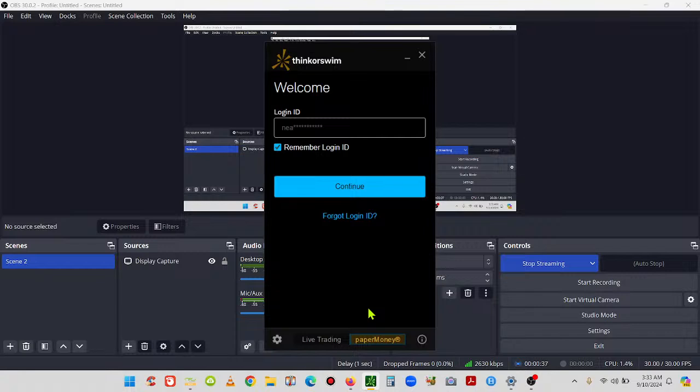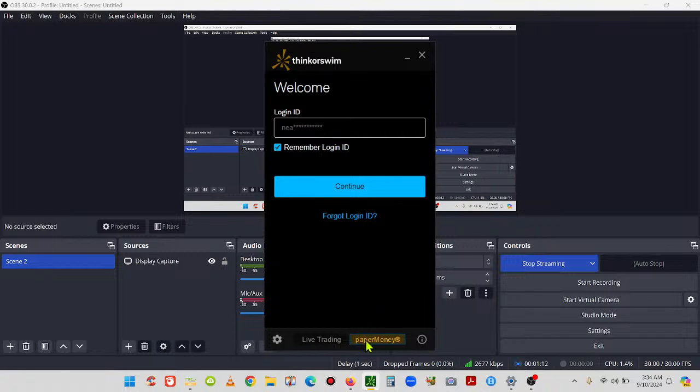Once you set up your trading account that has Thinkorswim, in my case it's Charles Schwab. I'm using Charles Schwab, formerly TD Ameritrade, which switched over to Charles Schwab. Charles Schwab has Thinkorswim, which is the best trading platform for options.